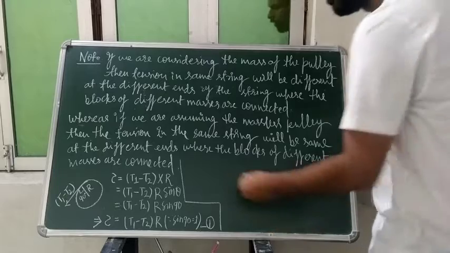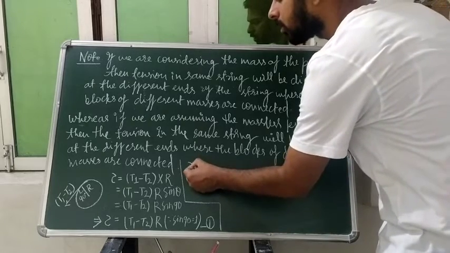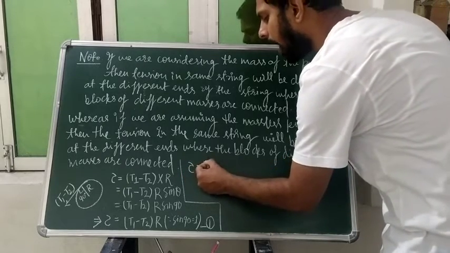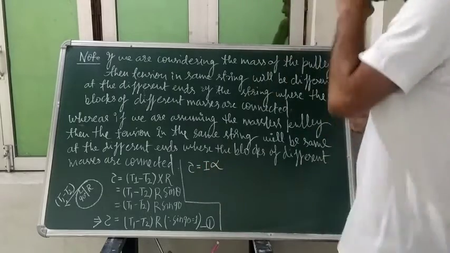And student, I have told you that this torque tau should be equal to I times the angular acceleration.